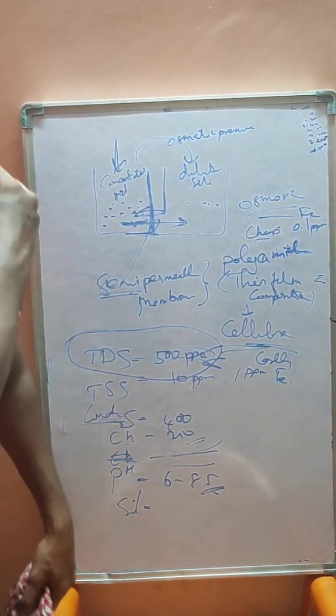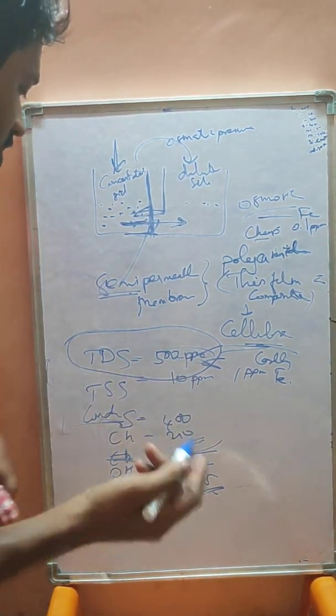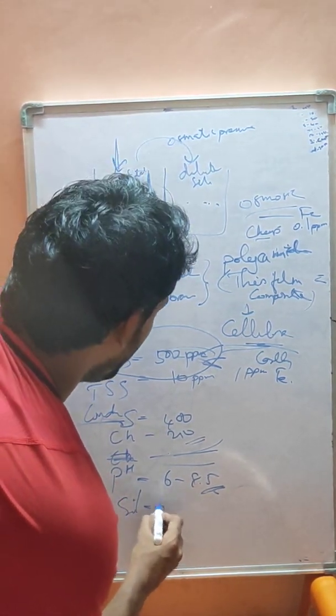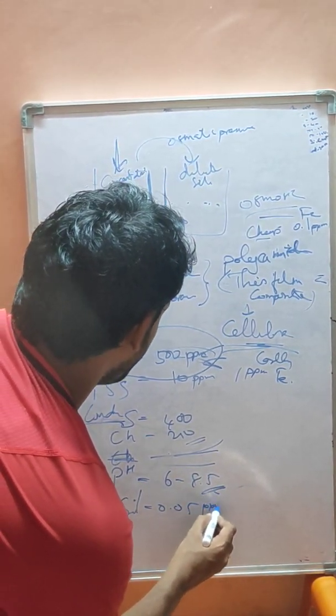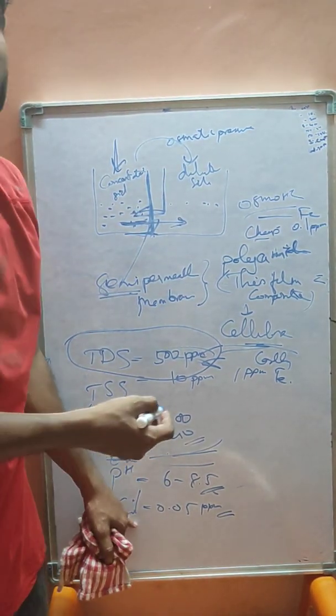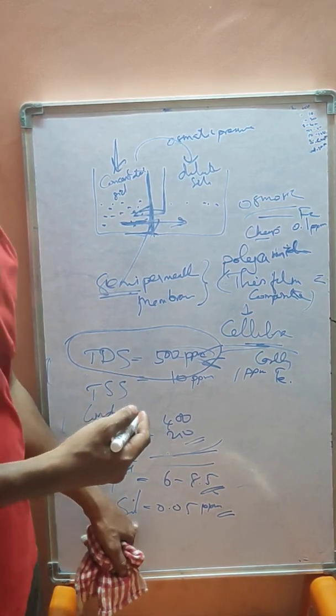This RO water will be used for producing DM water, so silica should be less than 0.05 ppm. The silica content is mostly removed in the RO plant only. It cannot be removed much in the DM plant.